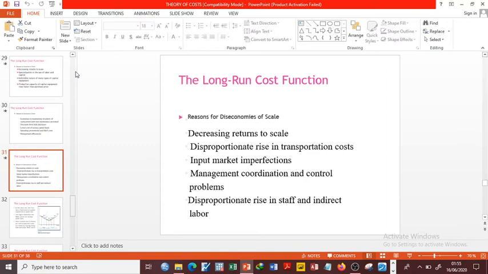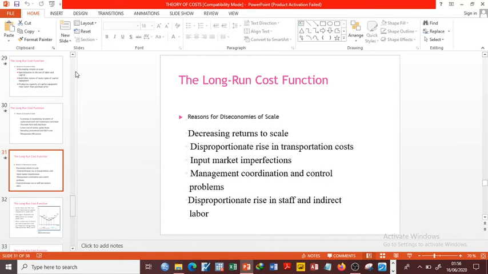Whereas here, if management is not bothered about reducing costs, and is recklessly leading the business, then at the end of the day the business is going to have problems, especially problems in efficiency, problems in increasing output.